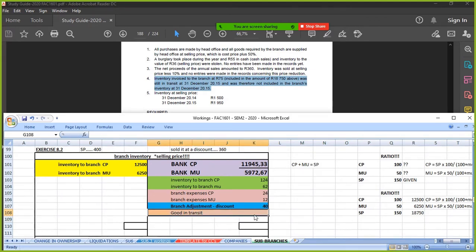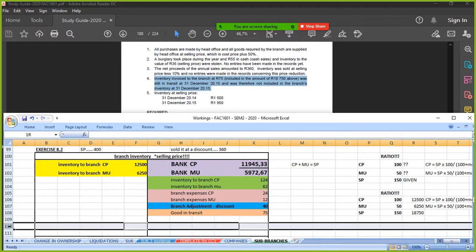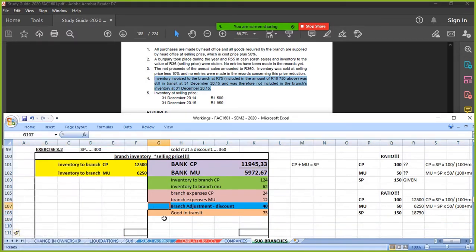I've got my credits. How much am I taking out? 75. Okay, I should actually split this because this is at selling price. Because they said everything is at selling. So I'm going to do it again. Copy paste. This would be cost price. That would be markup. Okay, so 75 times, what is it? 100 divided by 150. And then obviously that's 75, so it's just 75 minus that.